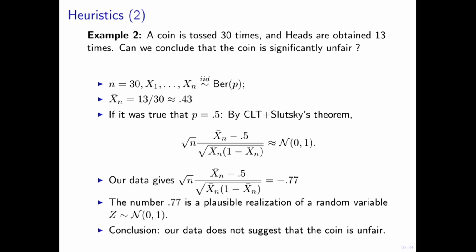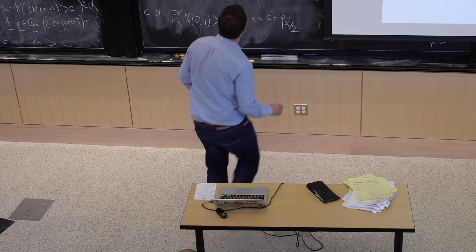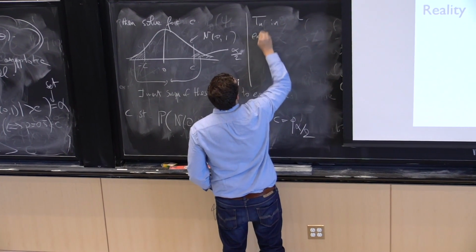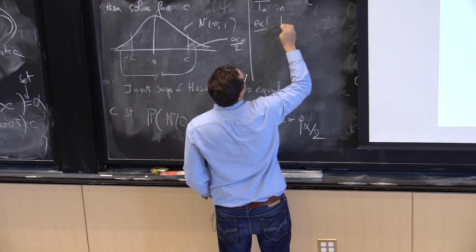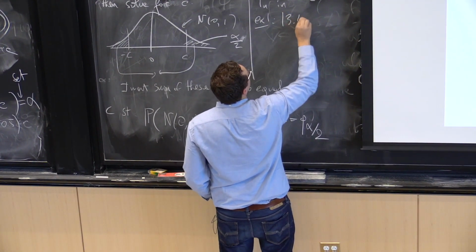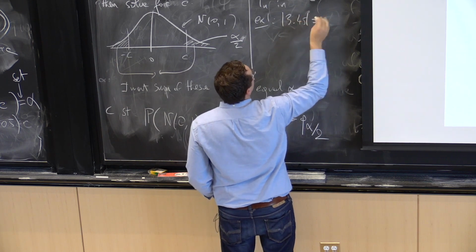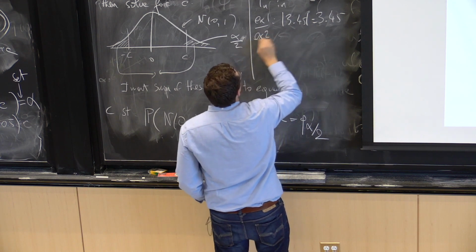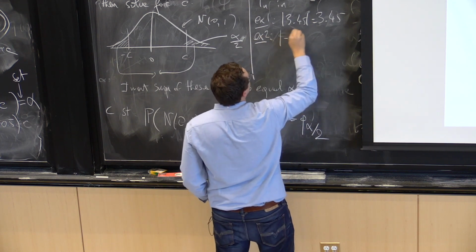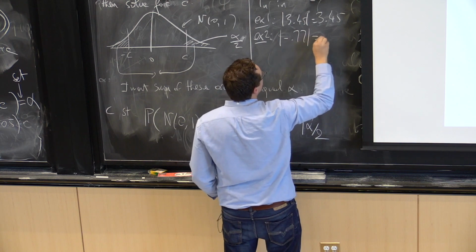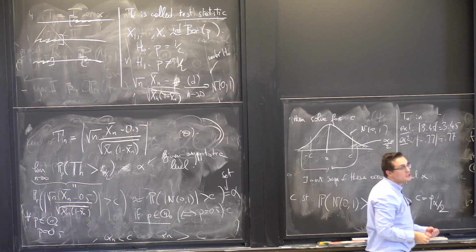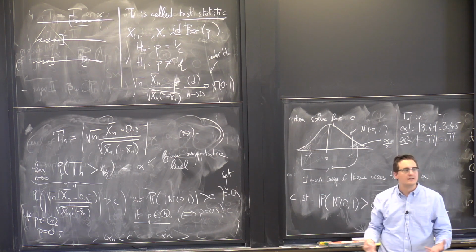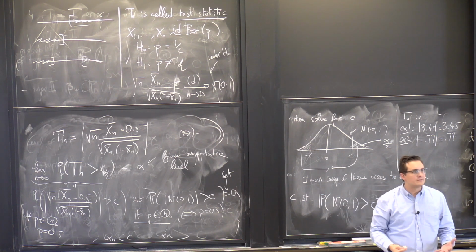Example 2, negative 0.77. In example 1, Tn was just the absolute value of 3.45, which, don't pull out your calculators, is equal to 3.45. Example 2, the absolute value of negative 0.77 was equal to 0.77. And so all I need to check is, is this number larger or smaller than 1.96? That's what my test ends up being.